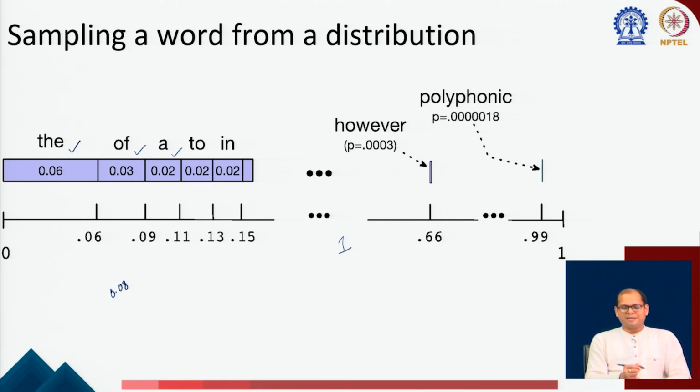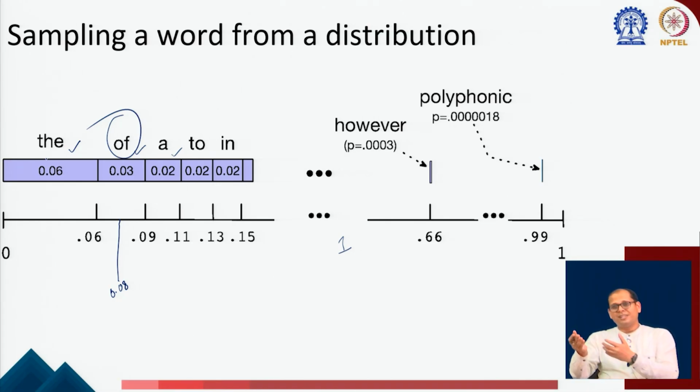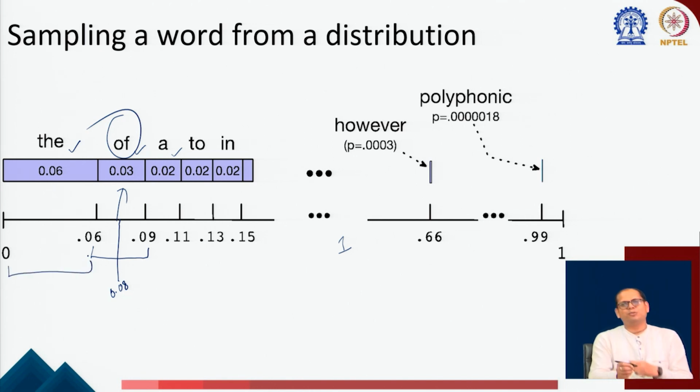So what you will do with this random number? You will find which word is there on the number line at 0.08. This is of. You will generate of. Okay. So you will see by this method, each word will have a probability of generation as per its actual probability. So if you get anything between 0.06 to 0.09, you will generate of. But if you get anything from 0 to 0.06, you will generate the, right?